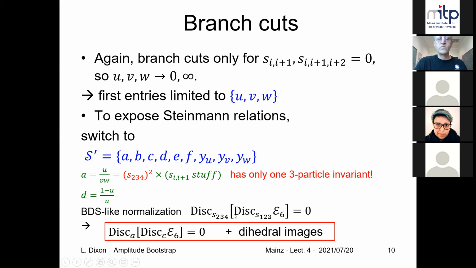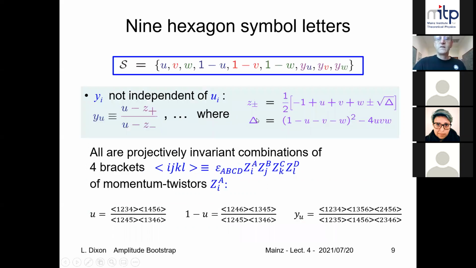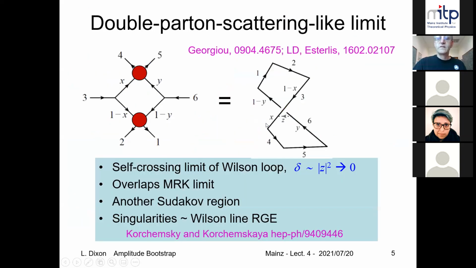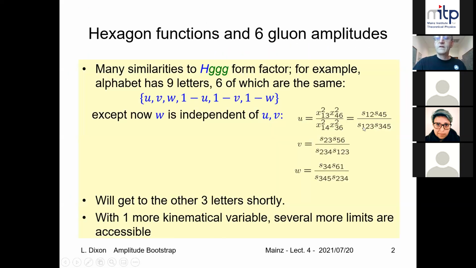So the question is, what does that imply for discontinuities in terms of conformally invariant cross ratios like U, V, or W? Well, it's better not to use U, V, and W because they're tangled up. In terms of the Mandelstam variables, they each have two different three-particle invariants in them.